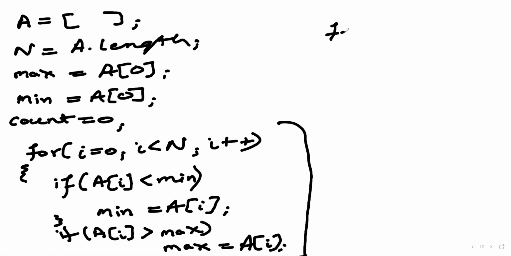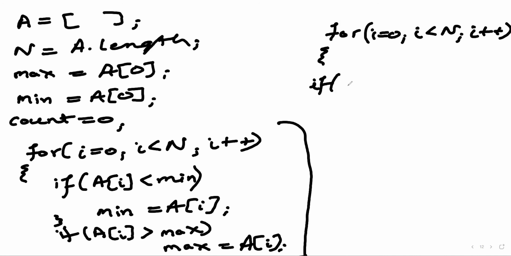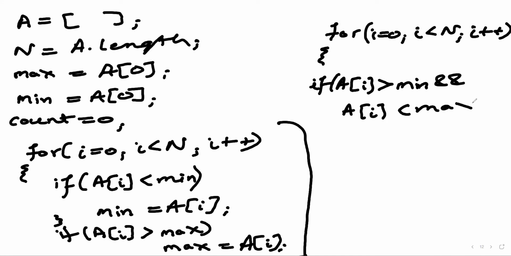After that, we would run another for loop. And here we would simply check if a of i is greater than min and a of i is less than max.